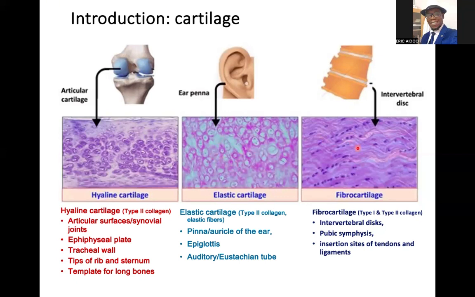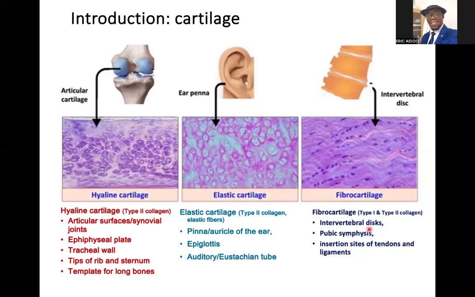Then last but not least, the fibrocartilage is the strongest among the rest, and basically contains type 1 and 2 collagen fibers. It's usually located in the intervertebral discs, the pubic symphysis, and where you have tendons and ligaments.